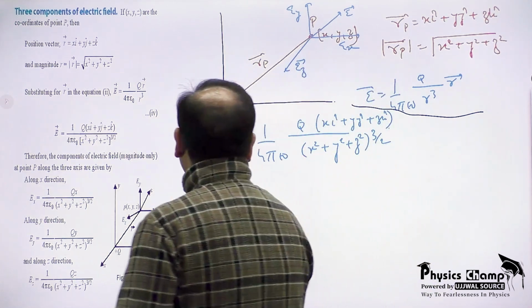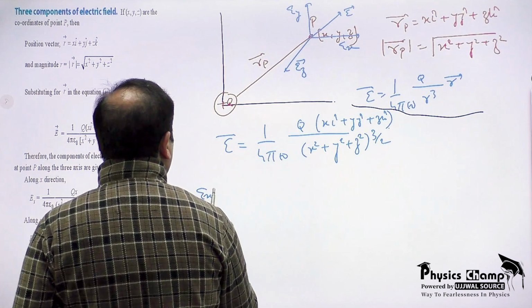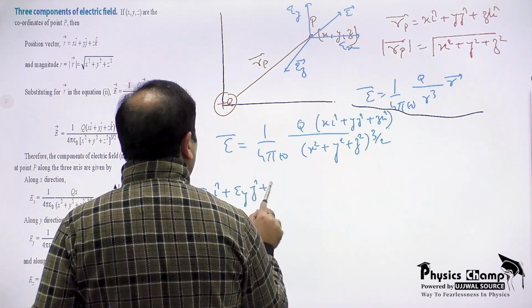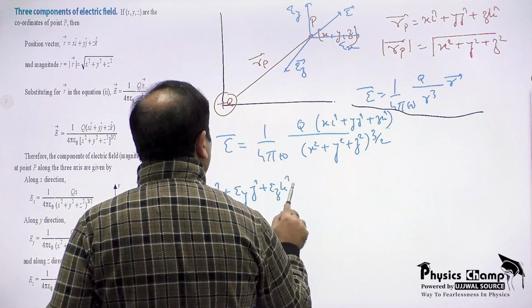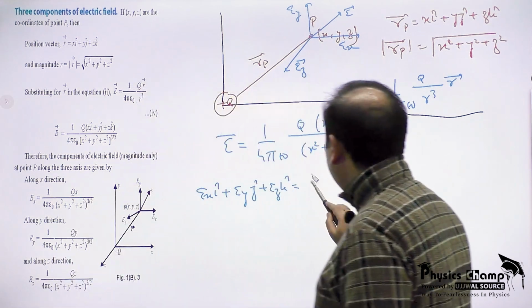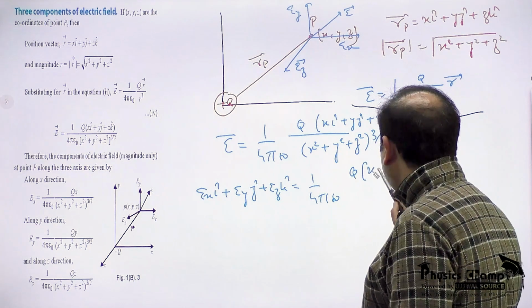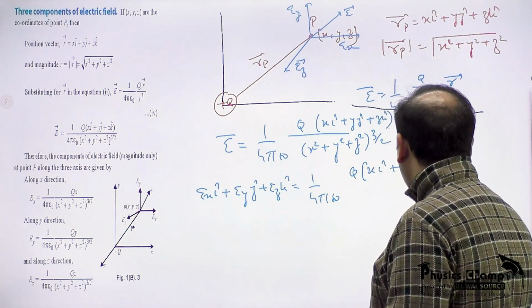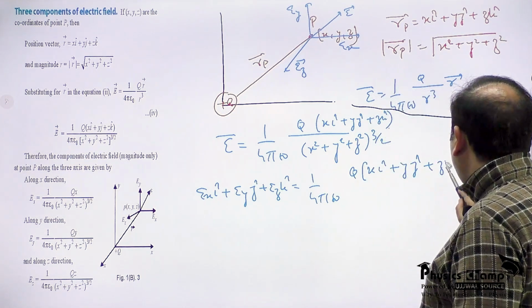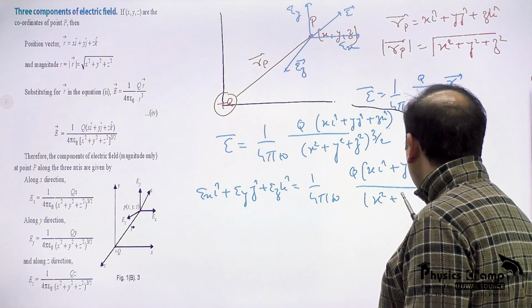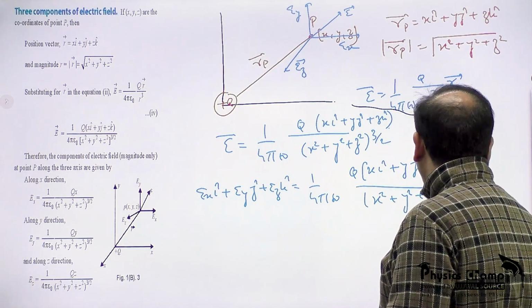So I can say this electric field E consists of Ex i plus Ey j plus Ez k, which is 1 by 4 pi epsilon naught Q times xi plus yj plus zk divided by x square plus y square plus z square to the power 3 by 2.